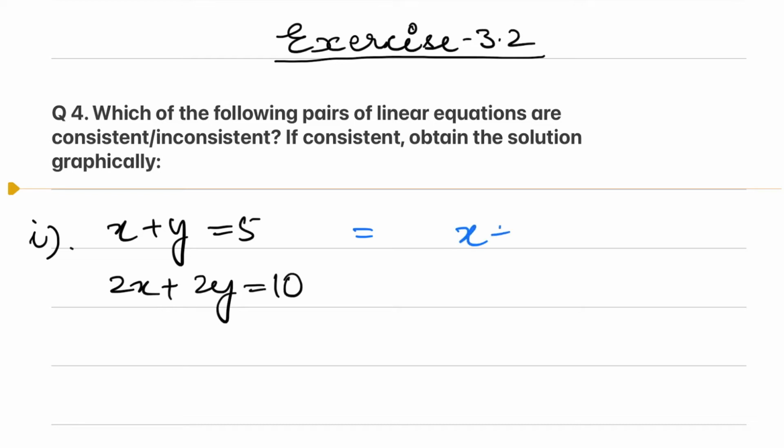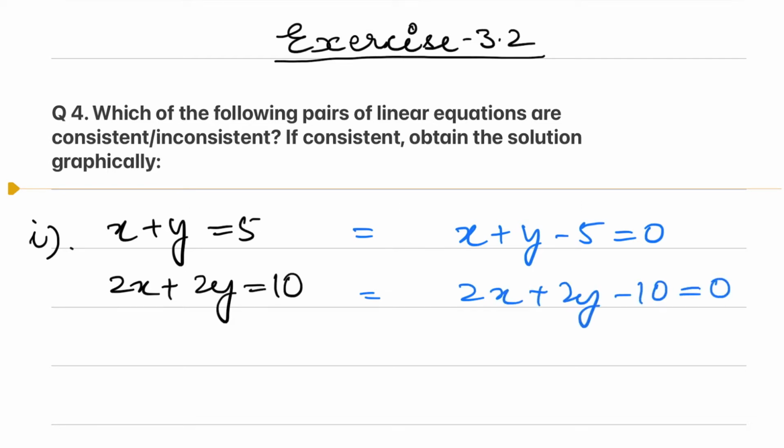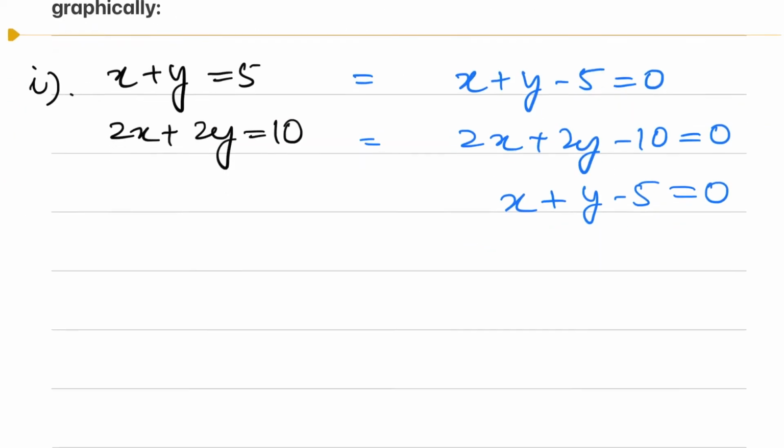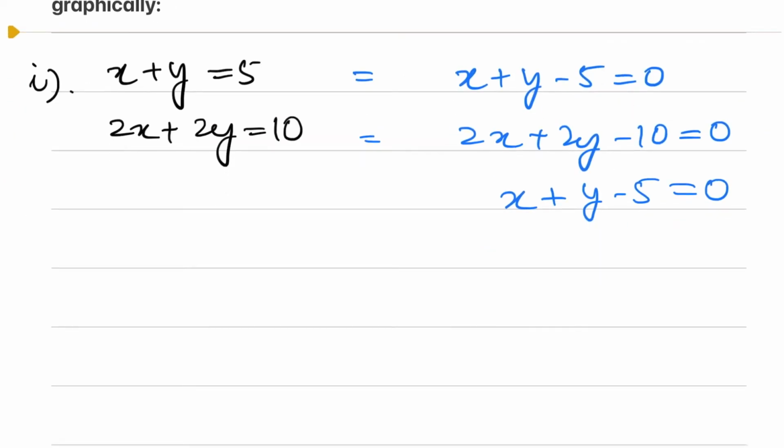So x plus y minus 5 is equal to 0. Here I have 2x plus 2y minus 10 is equal to 0, or I can write this as x plus y minus 5 is equal to 0. So I know here the ratio would be 1, right?